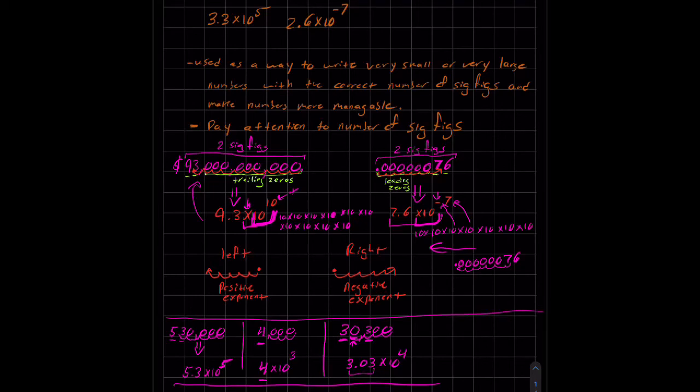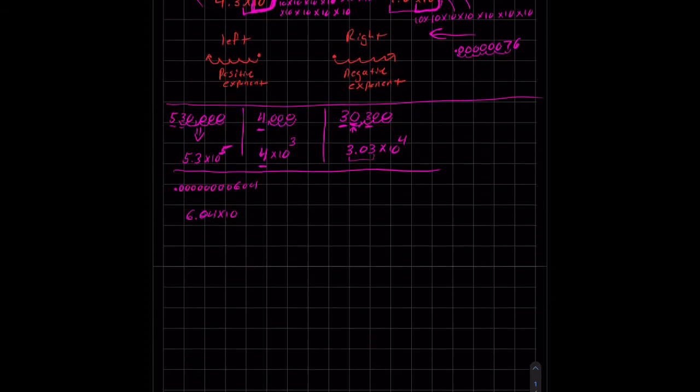What you get is 6.04, we're going to move that up actually, 6.04 times 10 to the negative 9. Because 1, 2, 3, 4, 5, 6, 7, 8, 9.